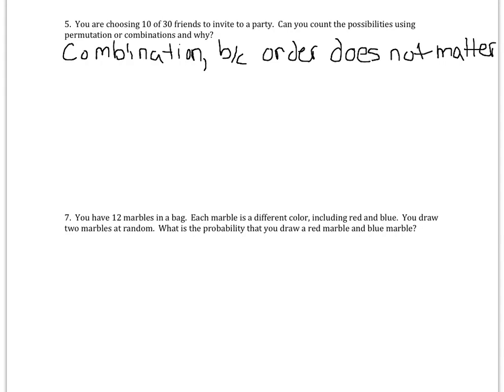Now, if we were to calculate this, we had 30 total people to choose from. We chose 10.